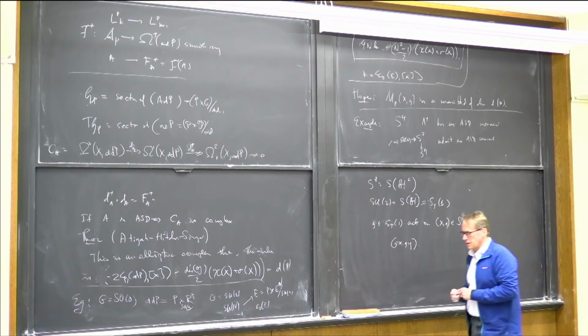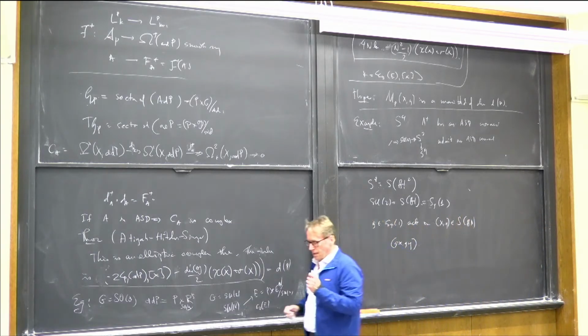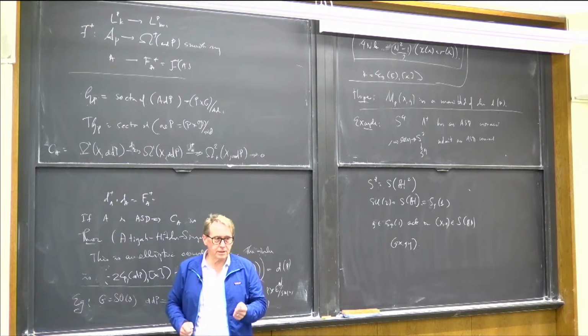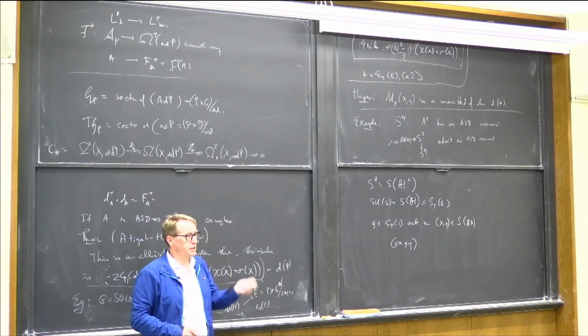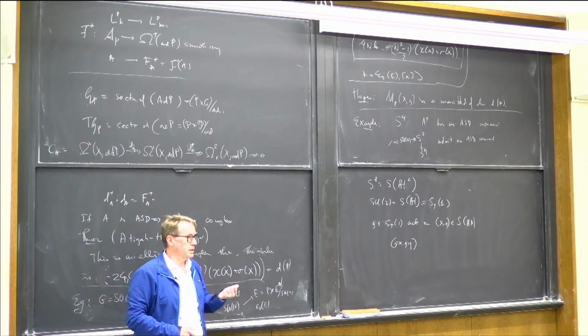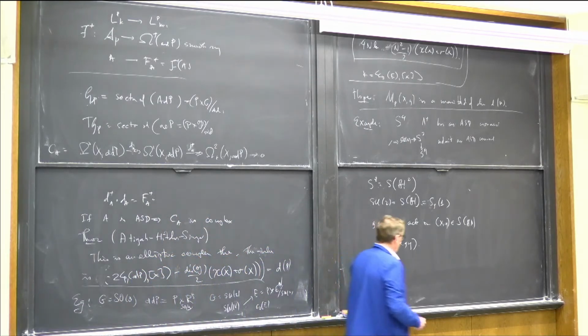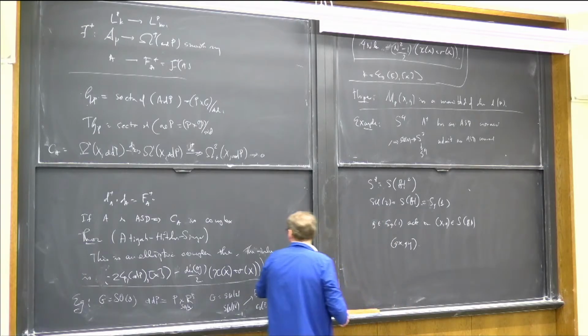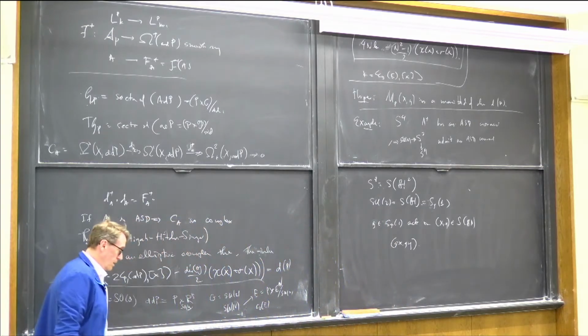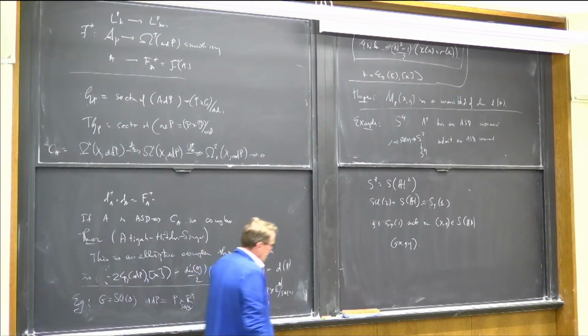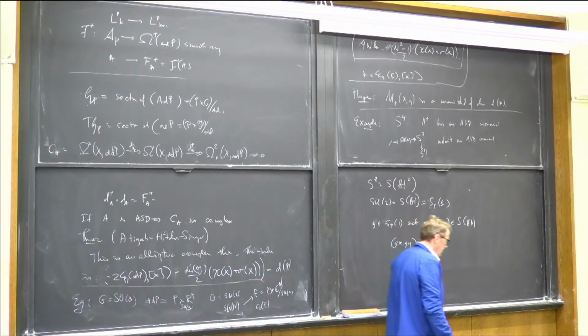Well, don't forget that the Chern class of the bundle tells you whether it can admit a self-dual or anti-self-dual connection.